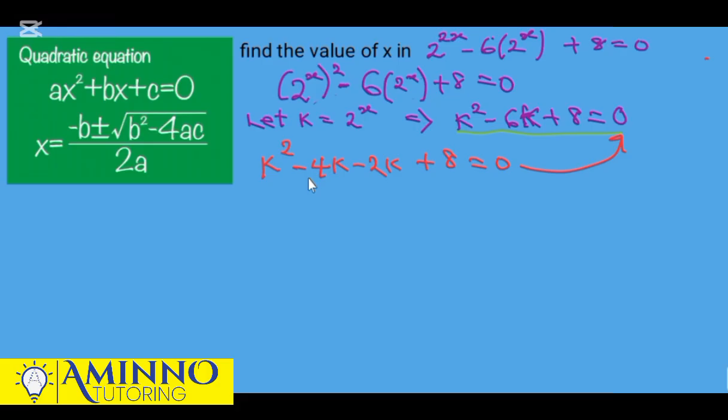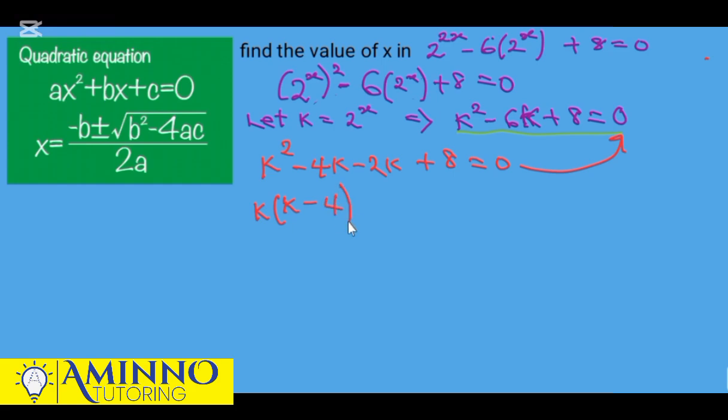The reason is because minus 4k minus 2k will give you minus 6k, and then the plus 8. Now we are going to factor this out. This is going to be k into k. k times k will give you k squared. We have minus 4.